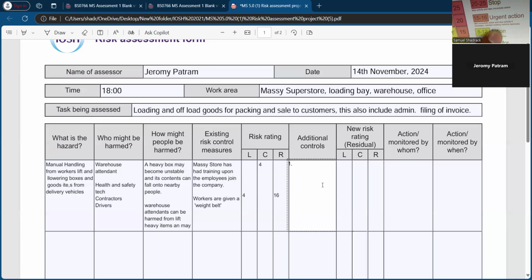We could recommend things like you did mention, the mechanical aid, like a trolley jack, to help out those workers. We could probably mention here some training in proper manual handling techniques.